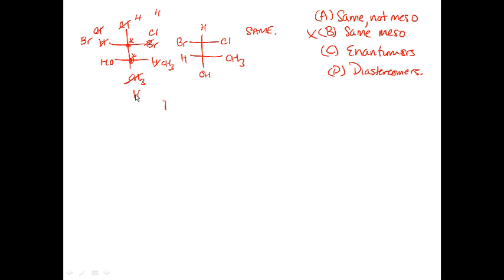And then I'd have to switch the H and the OH for a second switch in order to get the left matching up with the right. That's an even number of switches, which means the bottom chiral carbon also has the same configuration. So in this case, both chiral carbons have the same configuration. Therefore, this is the same molecule, but it is not meso.